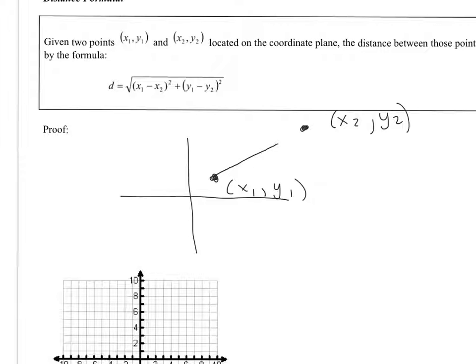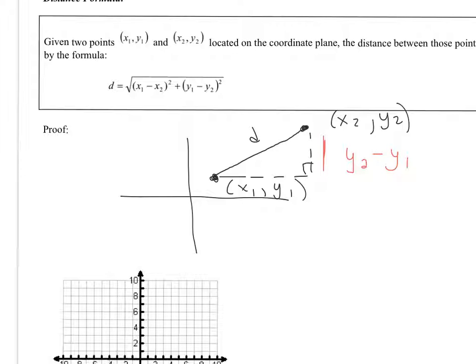Then I'll make this segment between them, and we'll call this the distance, because this is the distance between the 2 points. What I can do is form a right triangle here in the coordinate plane. Now this side is simply the top y minus the bottom y, so in this case it's y2 minus y1.